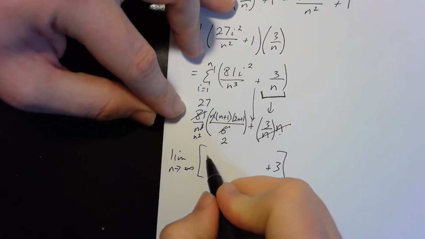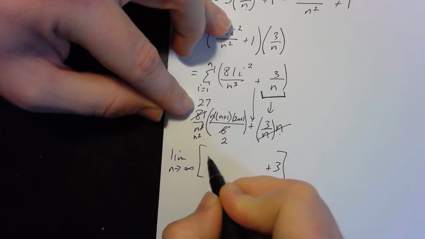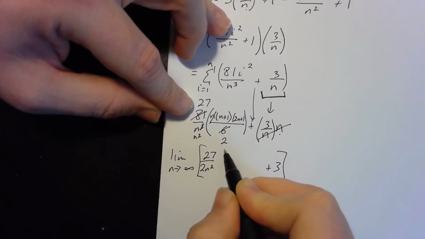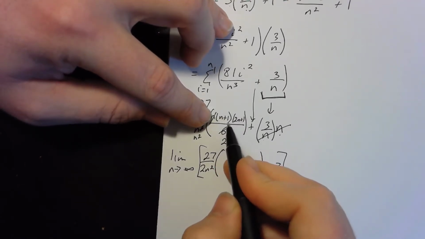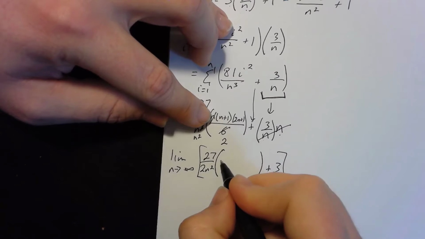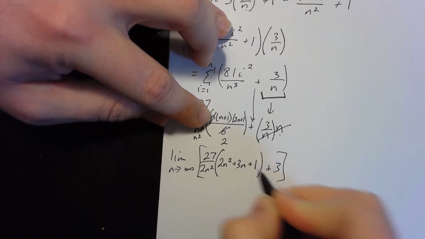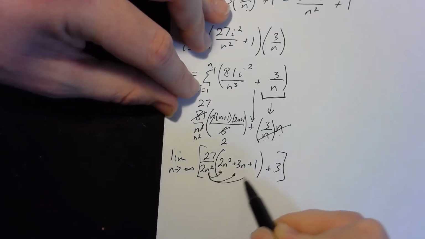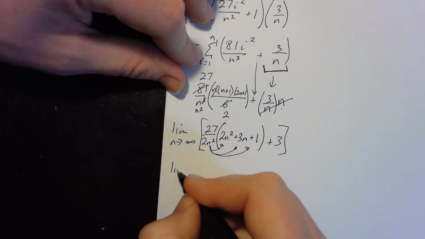So it looks like I'm left with 27 over 2n squared multiplied by everything that's left in here, n plus 1 times 2n plus 1, which we've done before, is 2n squared plus 3n plus 1. So we'll distribute this piece into that set of parentheses, simplify, and then finally evaluate the limit.